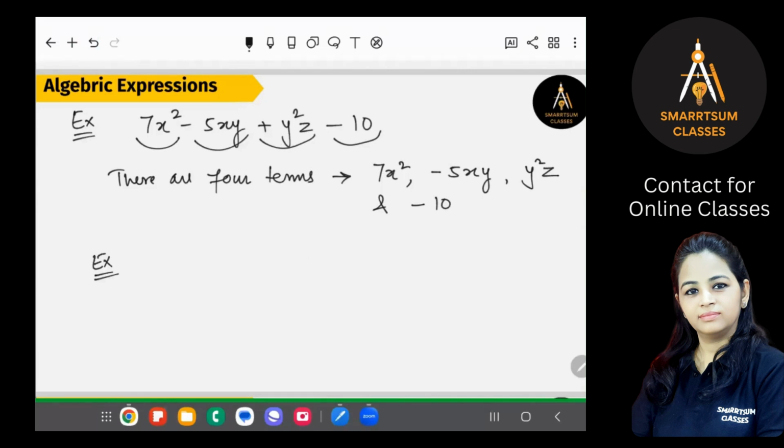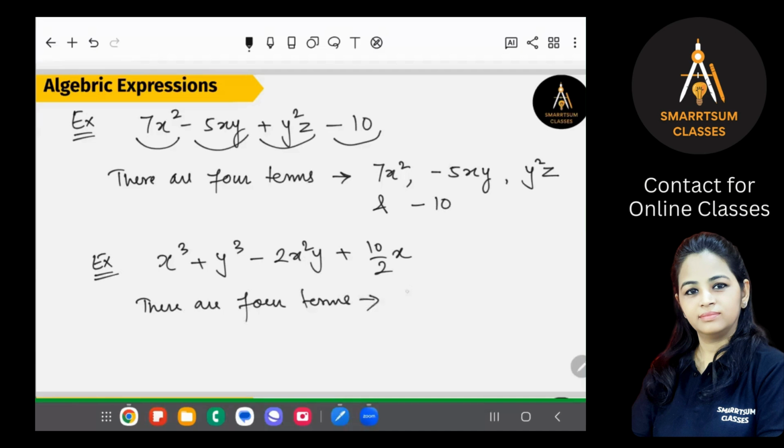Suppose we have one more example. x cube plus y cube minus 2x square y plus 10 by 2x. Right? So, what are the different terms? There are 4 terms here, yes or no?